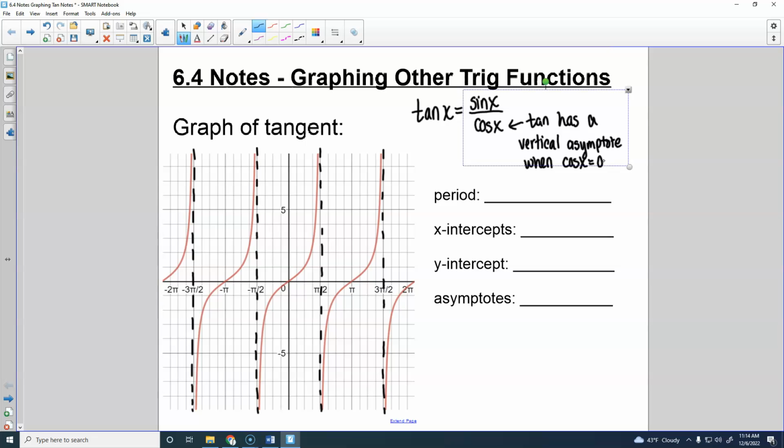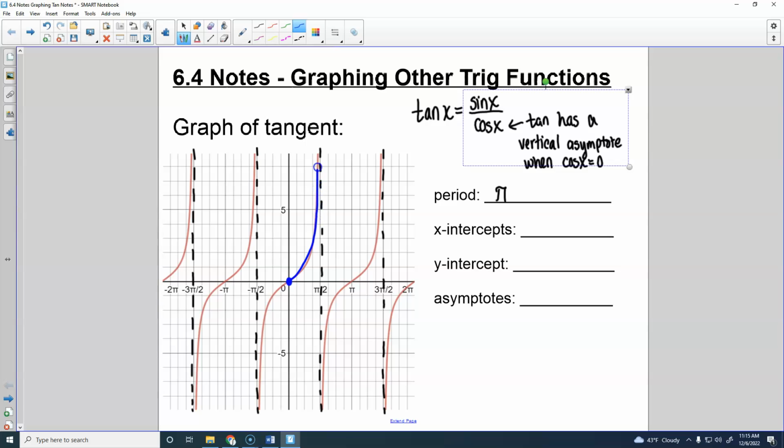Because you should hopefully, at least if you've got a unit circle to look at, be able to tell me where cosine is 0, right? So it's at pi over 2, 3 pi over 2, and then you can keep going around, 5 pi over 2, 7 pi over 2, and so on. What is the period of this graph? It is just pi, right? Because if you look right here, our y-intercept is right here.